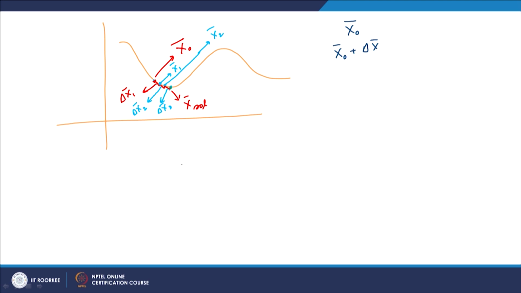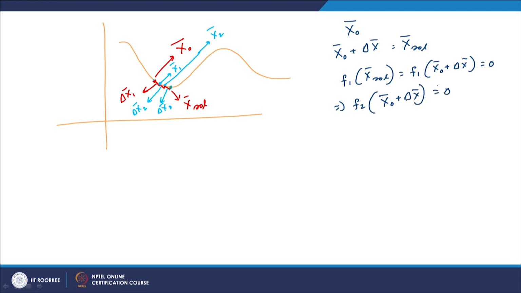Therefore, if I assume this is my solution, then f1 of x solution, that is f1 of x naught plus delta x, would be 0. Similarly f2 of x naught plus delta x would be 0, and so on, up to fn of x naught plus delta x would be 0.